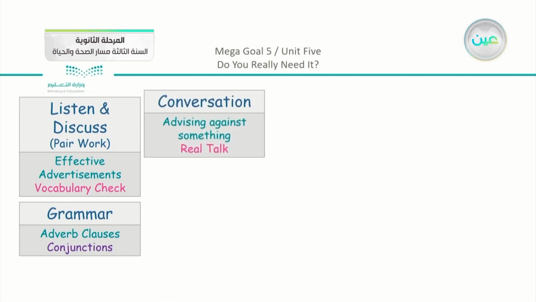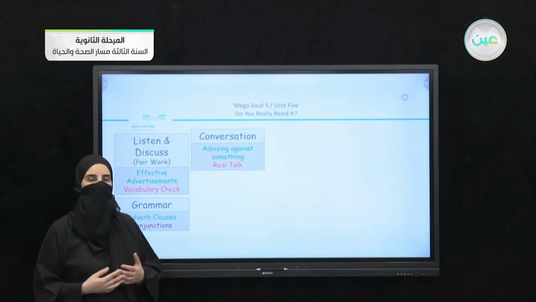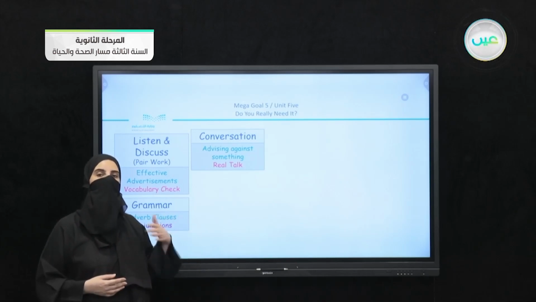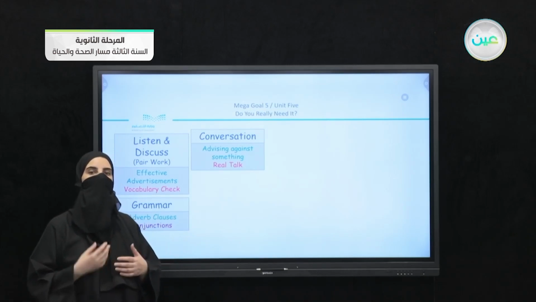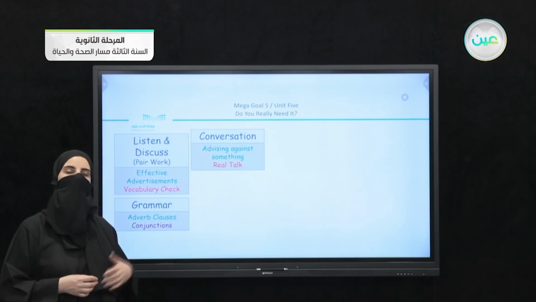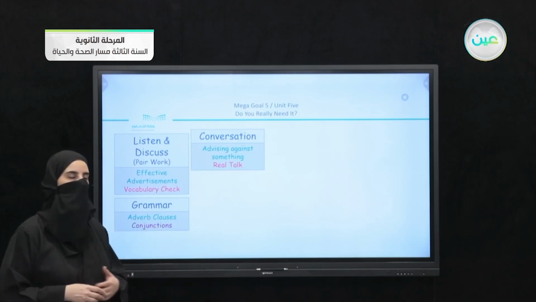In our conversation lesson, we had the conversation between two girls in the mall and how one of them wanted to shop all the time and the other was advising against shopping. So here we have the phrases that are used to advise against something, and also we have the real talk and the phrases that we have learned throughout the conversation.